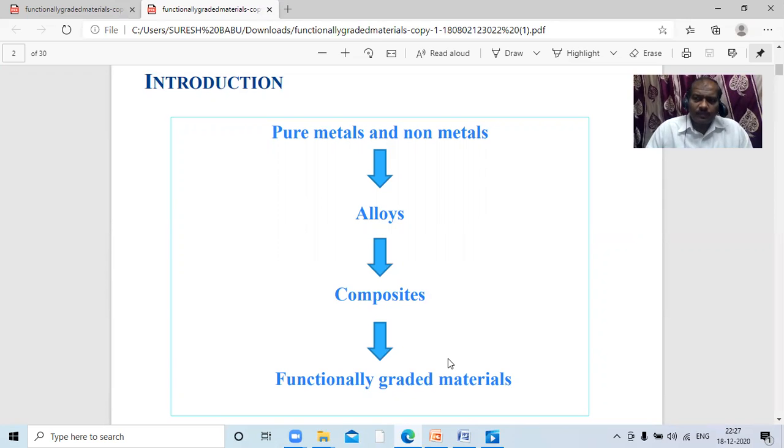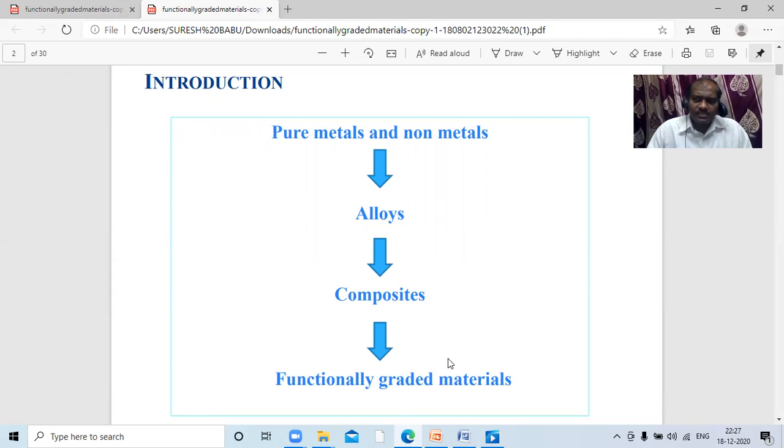What is the reason for composites? The same reason: alloys cannot satisfy the performance, efficiency and needs of man, of an industry, or of domestic purposes. Therefore, composites were developed. What is a composite?